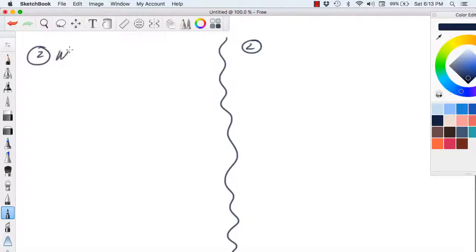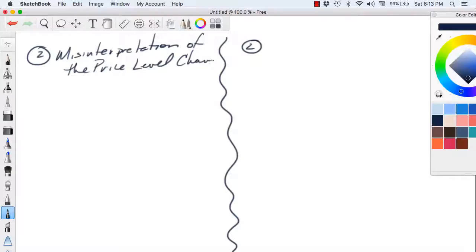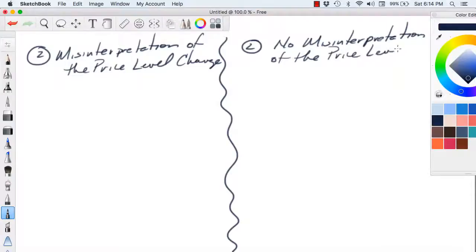So misinterpretation of the price level change.